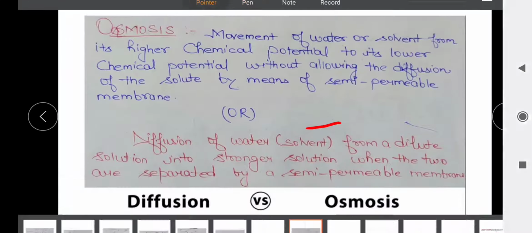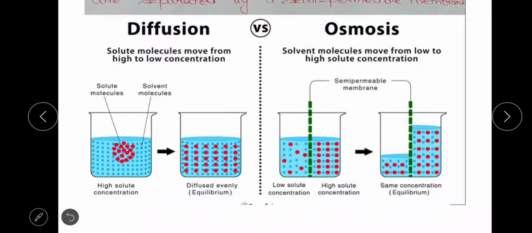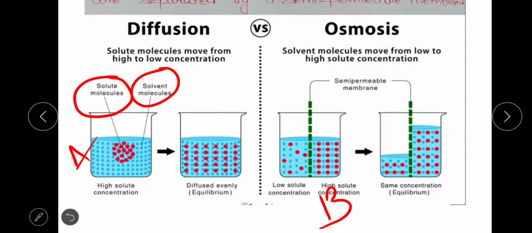Like here we can see the difference between diffusion and osmosis. Diffusion here shows, in the first beaker, this is beaker A and this is B. In case of A, here we have added the solute molecules. As soon as you add them to the solvent molecules, it will lead to equal distribution of the solute particles in the available space.